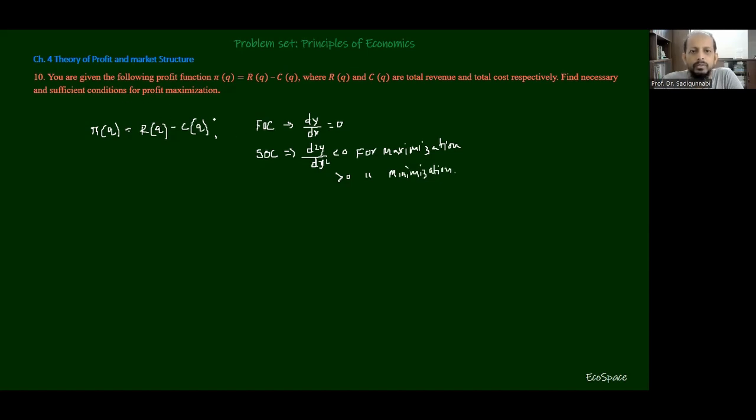As we are doing profit maximization, we are going to deal with this. So take the first order condition, FOC, which is the necessary condition, and the second order condition is called the sufficient condition.